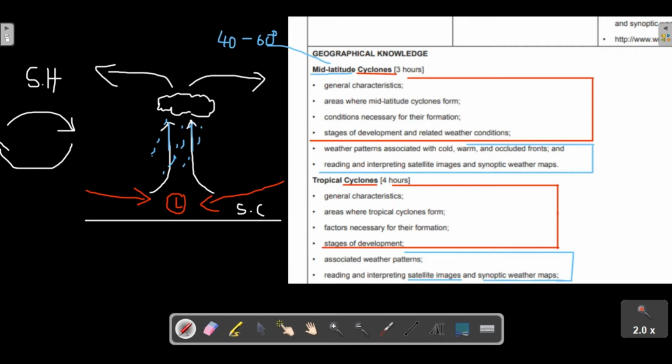For the tropical cyclone, the tropic part refers to the region in which these cyclones develop, which is between 5 and 25 degrees.